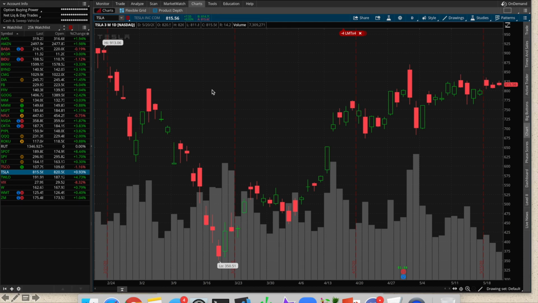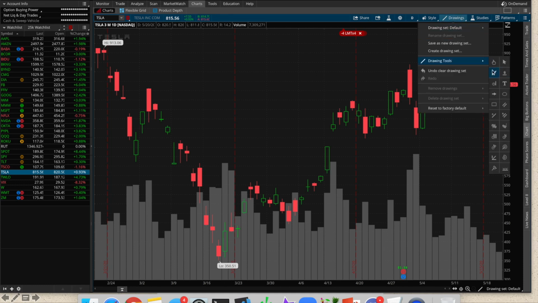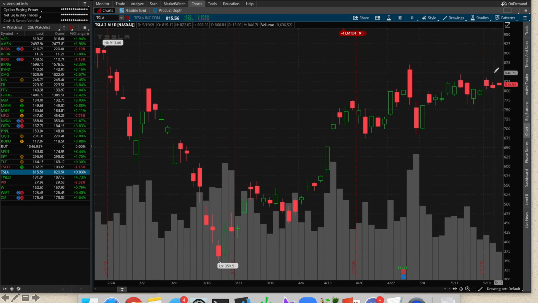So first, this is the very basic chart of Tesla. Let's start drawing support lines here. So let me just choose a tool, line tool. And as I mentioned earlier, there is no rocket science in support and resistance. The support lines should be very obvious to you, and it should have multiple touching points. That's all there is to it. So let's start drawing a support line here.